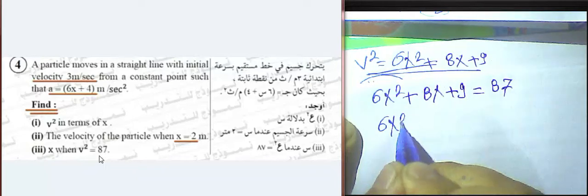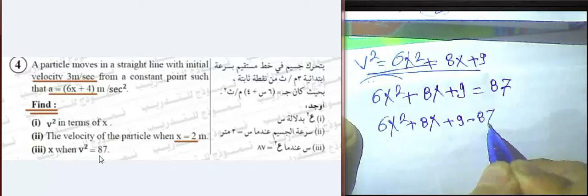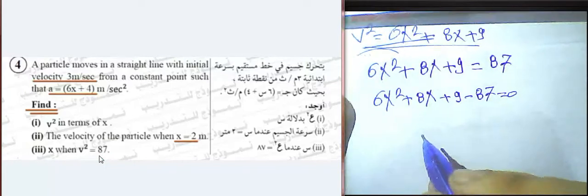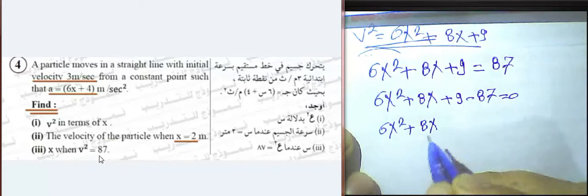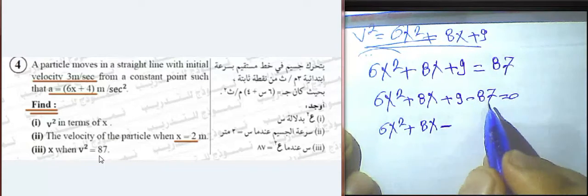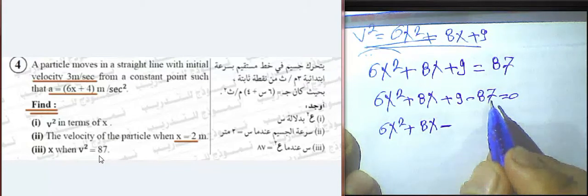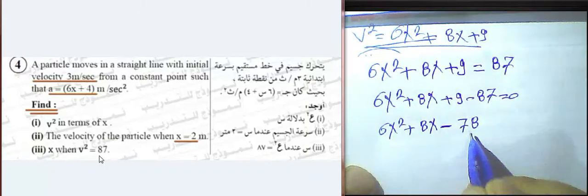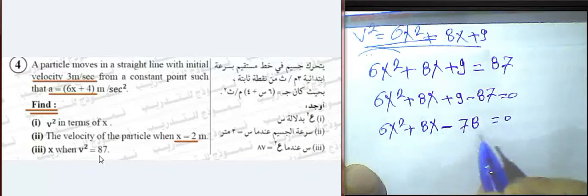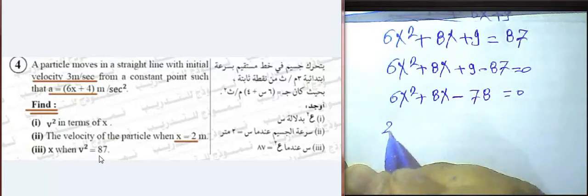Then 6x power 2 plus 8x plus 9 subtract 87 equals 0. And then we can write 6x power 2 plus 8x, and we can write negative here, and the result will be what? 9 minus 87 gives negative 78. The result will be 6x power 2 plus 8x minus 78 equals 0.